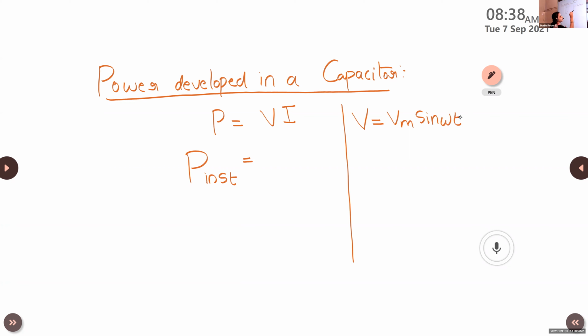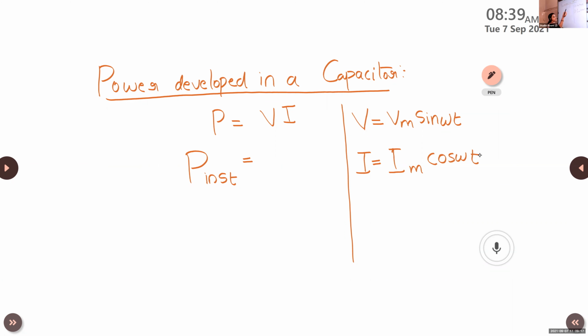And what about the value of the current generated in a capacitor when we connect this alternating source of EMF? The value of current in terms of cosine function is I is equal to Im cos omega t.